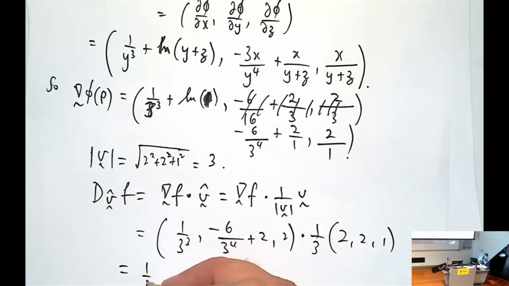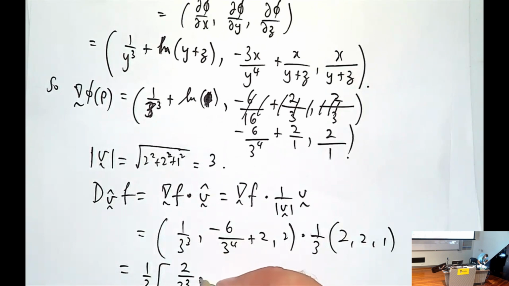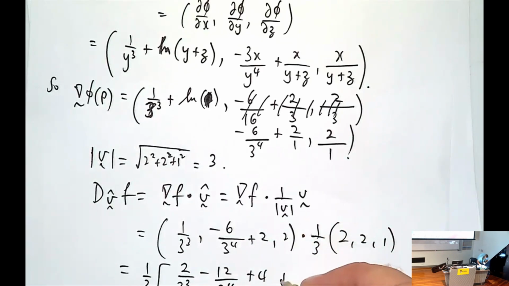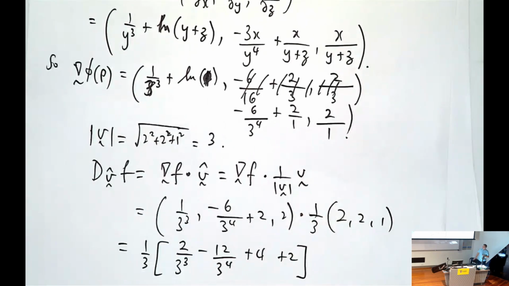So I'll bring the 1/3 out the front. You can simplify that if you want to. We've got a number. It'll give us the slope of a tangent. I haven't simplified it. You can simplify it if you want.